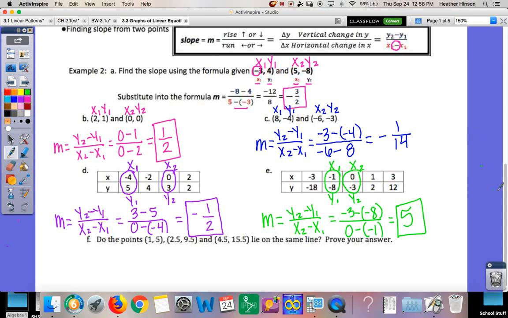Okay, on the bottom, it says do the points 1, 5, 2.5, 9.5, and 4.5, 15.5 lie on the same line and prove your answer. So all you're going to do for this is find the slope of each one. If your slopes are the same, they're on the same line.